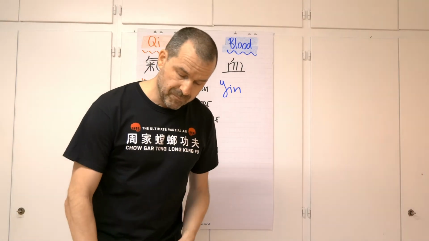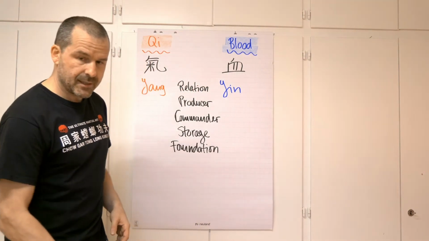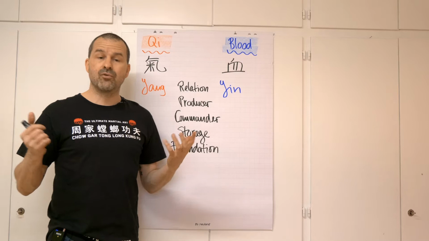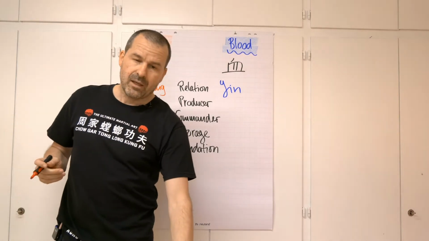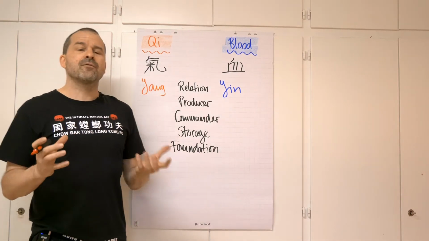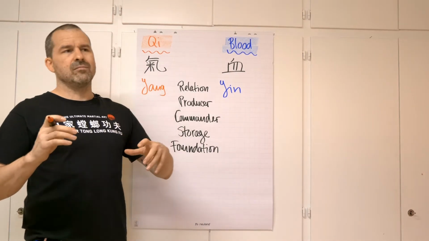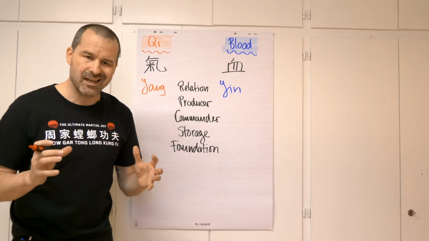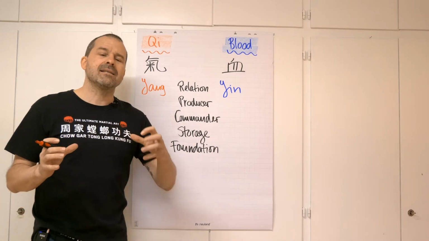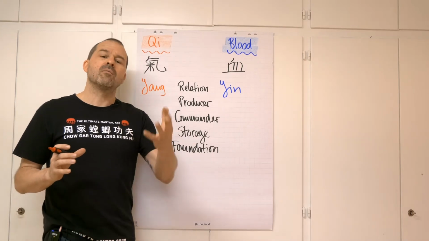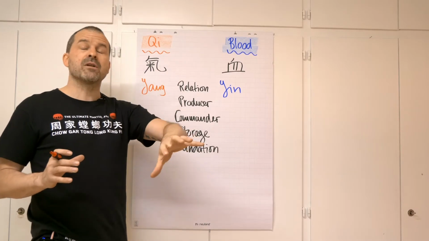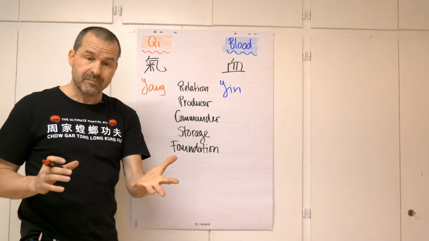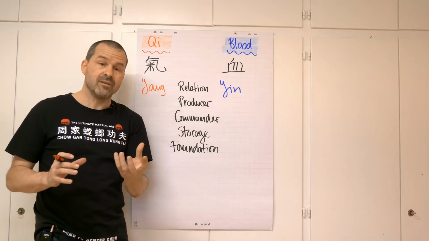When you go further, we can ask who is the producer of qi and blood in the body. And we can say the beginning of the transformation, so we can create any kind of qi and blood, is the transformation from food and water. And we take out from the food and the water the most important nourishment.